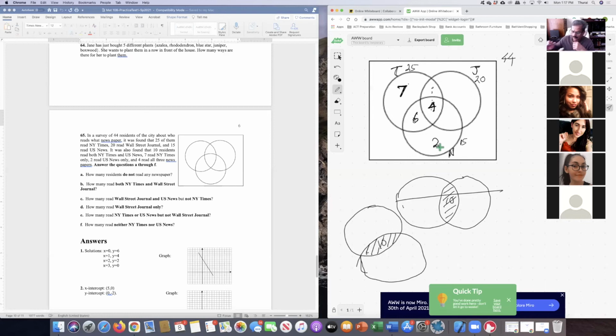So let's calculate the other ones. Now in the circle for US News, I have the total count 15 available. So I can add 6 plus 4, 10 plus 2, 12, take away from 15 to find this section. And so that's 3 here.